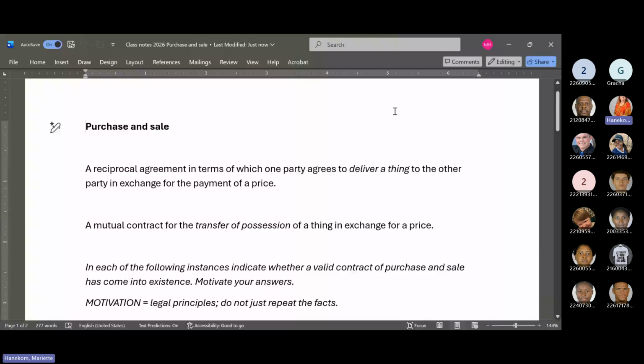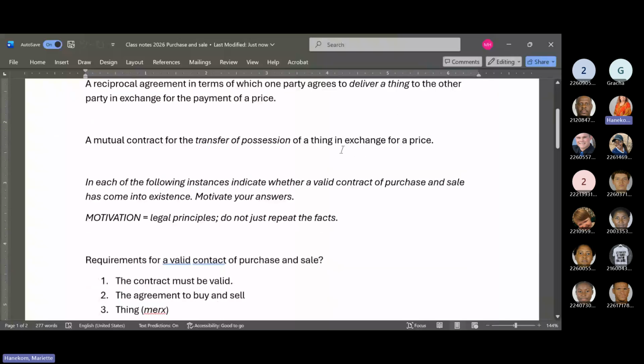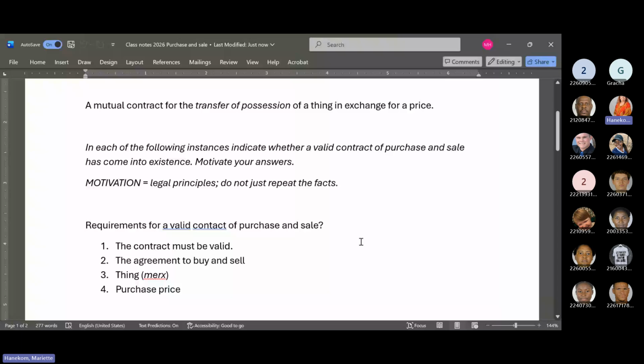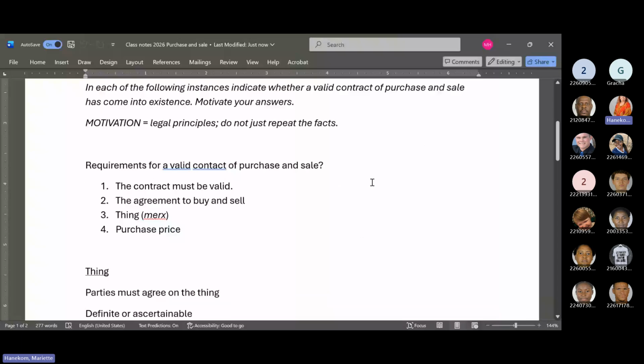In order for a contract to be a valid contract of purchase and sale, firstly, the contract must be valid. Then there must be the agreement to buy and sell. There must be an agreement on the thing and an agreement on the purchase price. Once you have this, you have purchase and sale.